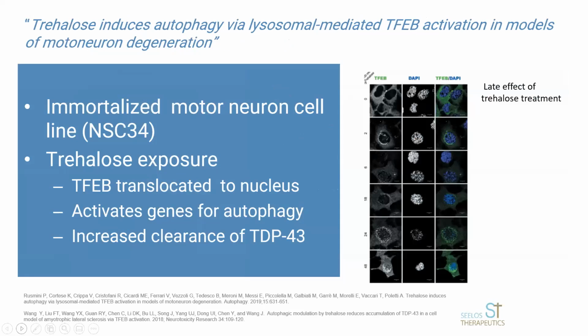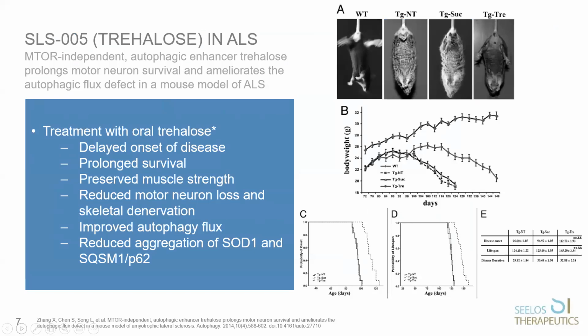This one is the neuron cell line, and sure enough, you see the activation of the transcription factor EB that I elucidated earlier, and increased clearance of the TDP-43 aggregates. And this is another model where we show not only reduced aggregation of SOD1, but also P62, the well-known biomarker of autophagy.